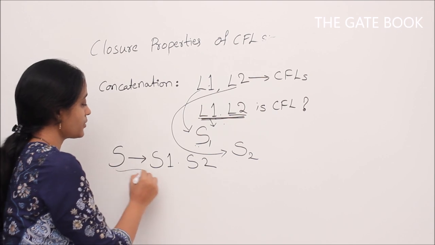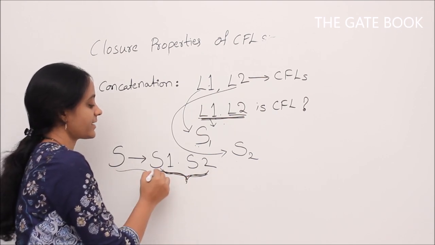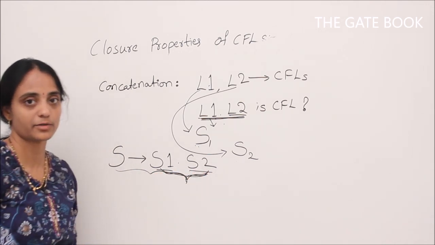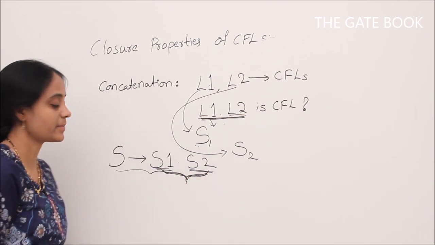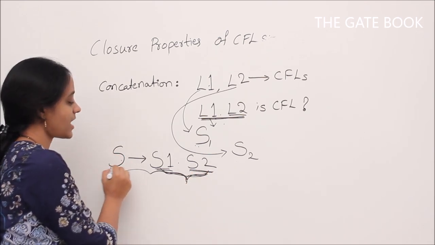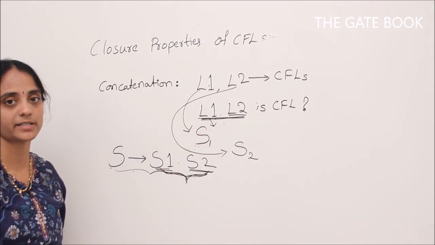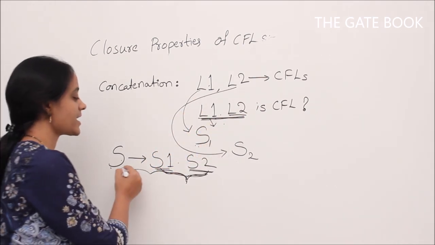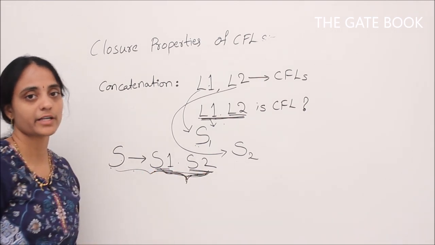So if I add a new rule like this, then it can generate all the strings that are a concatenation of strings derived from S1 followed by strings derived from S2. That means if I add this new start variable, it derives all the strings that are part of L1 concatenated with L2. Because there exists a context free grammar, again this is not violating the context free grammar rules, right?